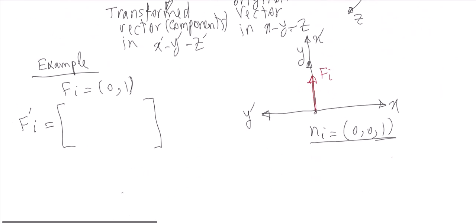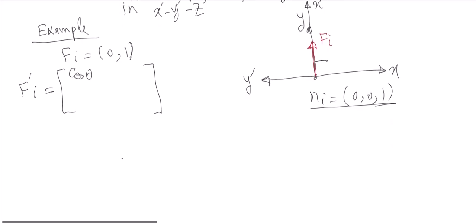And if you do that, then it would be cosine theta. Let's say my theta here is 90 degree. Cosine theta, and then sine theta, minus sine theta, cosine theta.